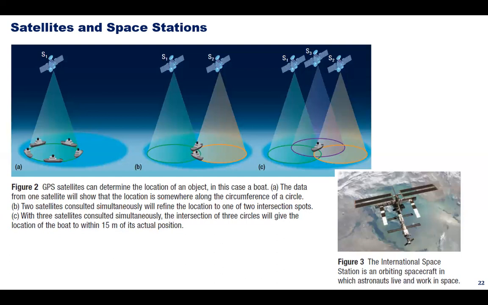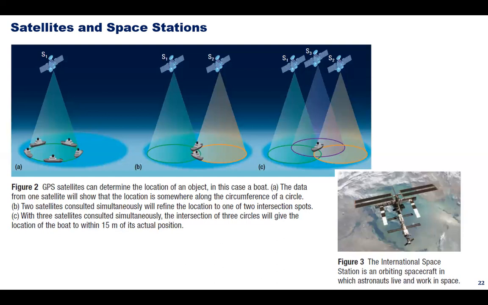The boat shown in Figure 2 here has a computer-controlled GPS receiver that detects signals from these 3 satellites simultaneously. The system calculates distances based on signal speeds and transmission times.